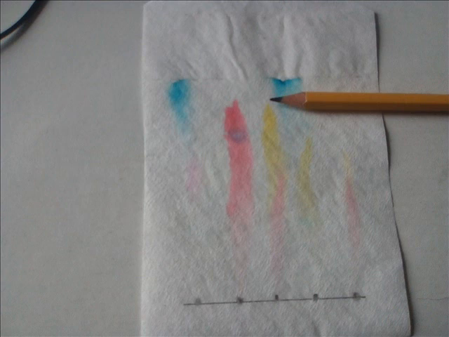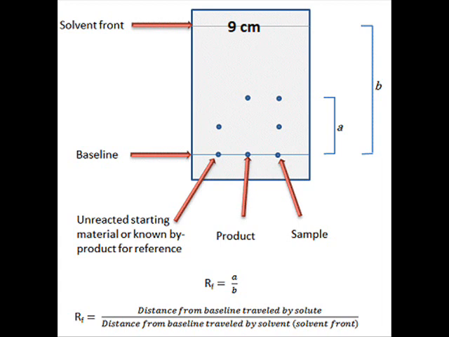If I measure the values, the solvent front has traveled 9 centimeters and the yellow dye has traveled 7.7 centimeters. So if you do the math, 7.7 centimeters divided by 9 centimeters will give you 0.86. So that is the RF value for this yellow dye.